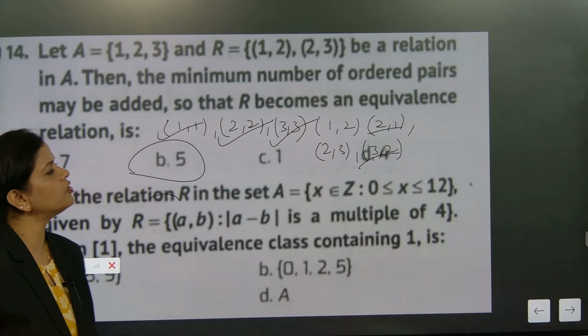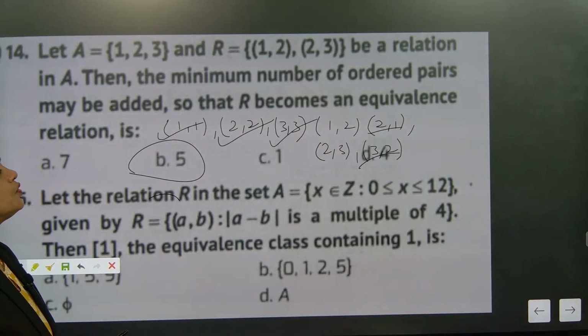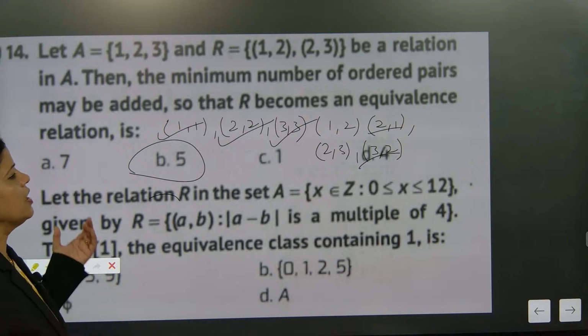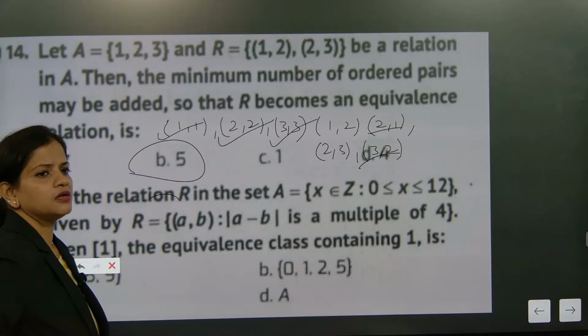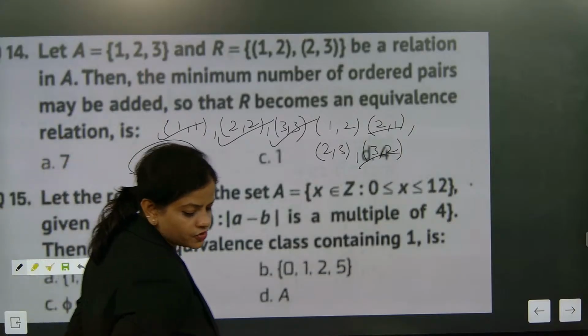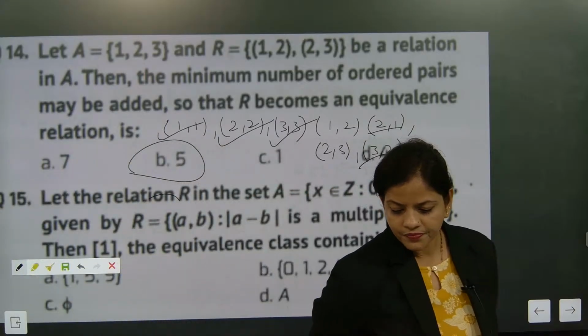Is anything missing? Come on, check. If (1, 3) is not there, is it an equivalence or not? Check. Why is it not an equivalence? Everybody who has joined the session, is it an equivalence or not?